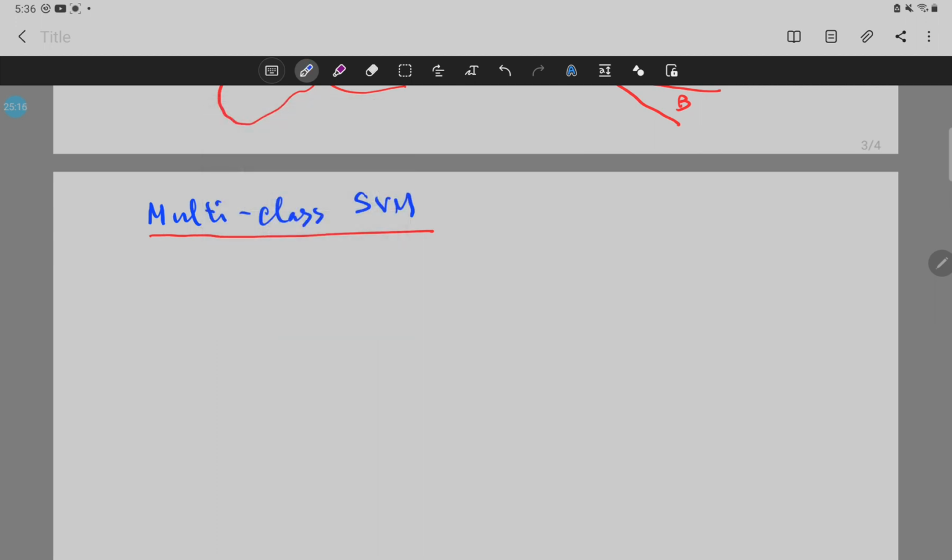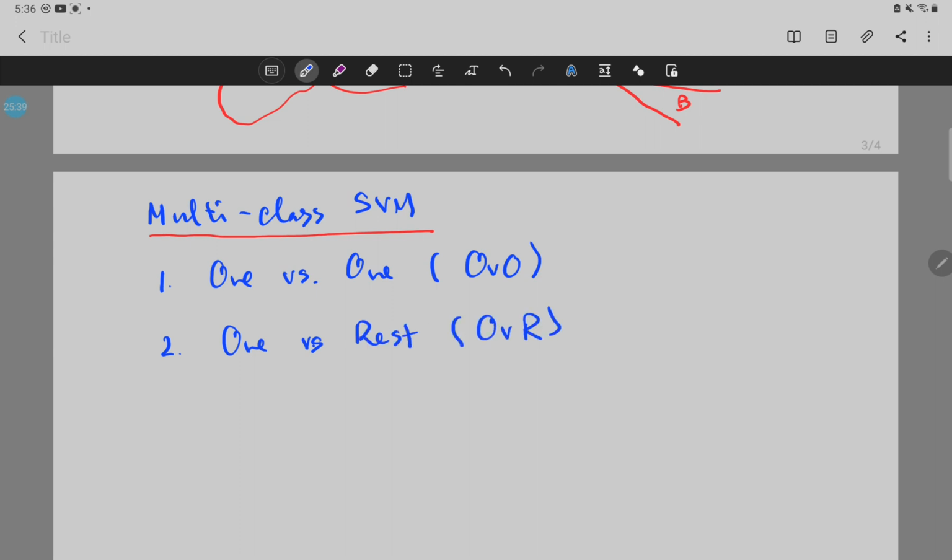Typically, there are two approaches. One is called one versus one, or OVO. The other one is called one versus the rest, or OVR. Both are methods that can be called heuristic methods.